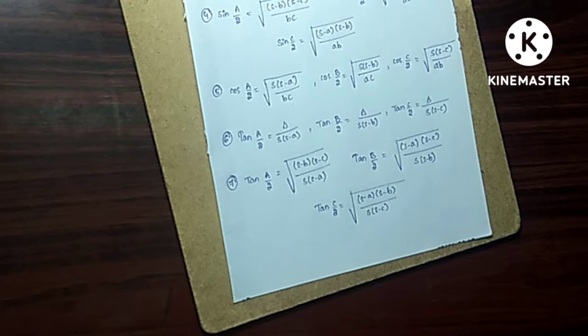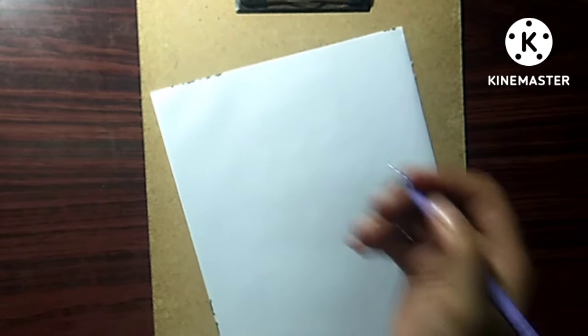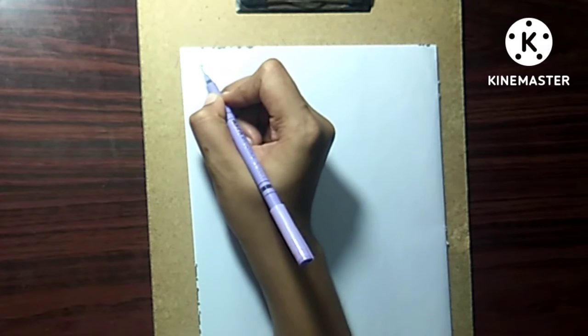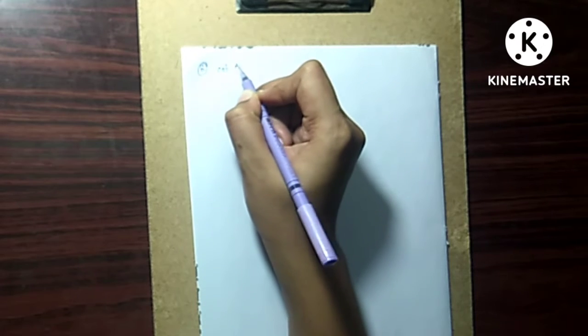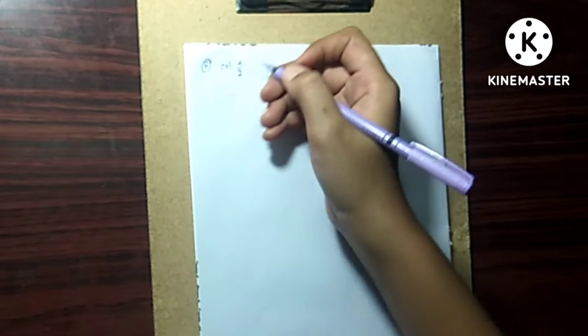We will discuss our 8th formula. Okay students, now we will continue our 8th formula, which is in the form of cot A by 2. It is quite similar to tan A by 2 because it's a reciprocal of tan.